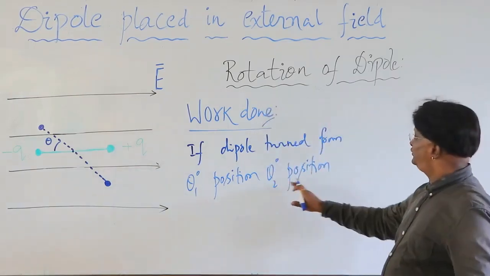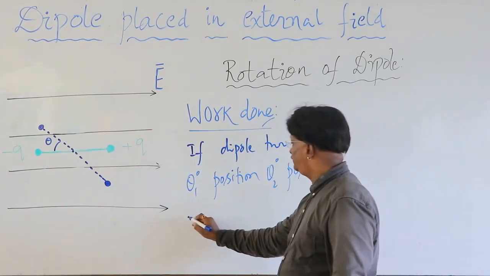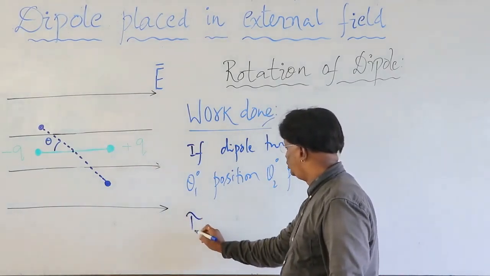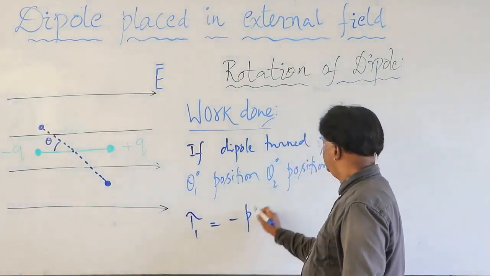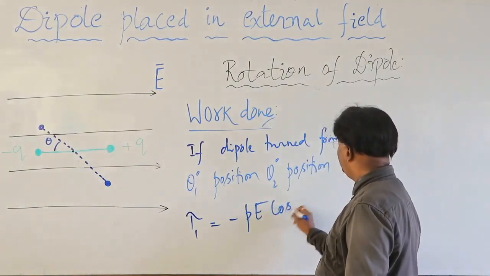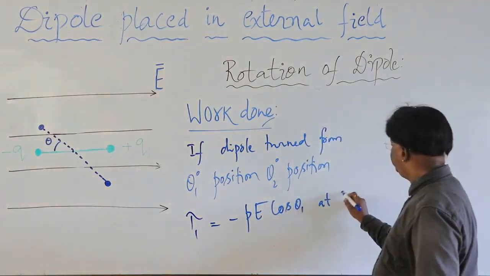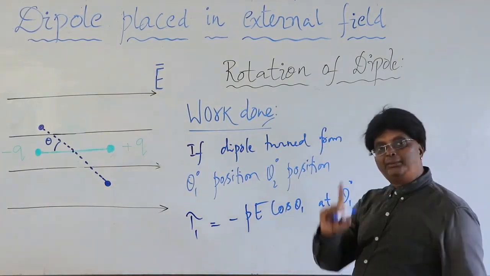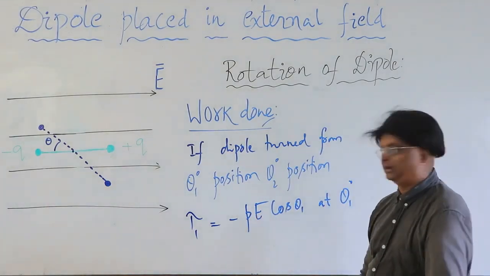Now here, theta 1 to theta 2 degree position, therefore now I am writing this. U1 is minus PE cos theta 1 at theta 1 degrees. I am telling you, don't forget this negative sign, right?